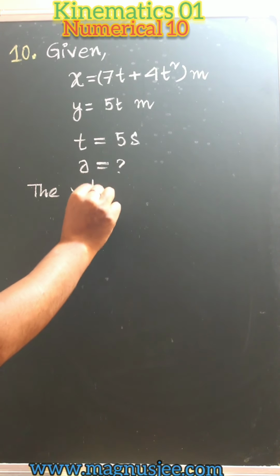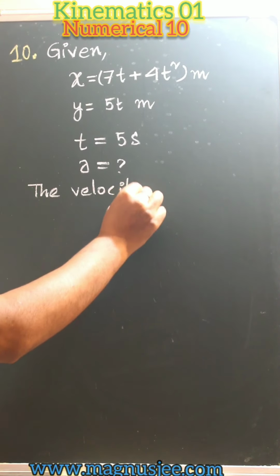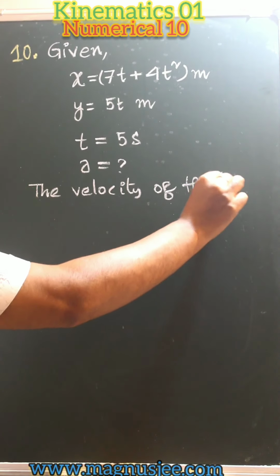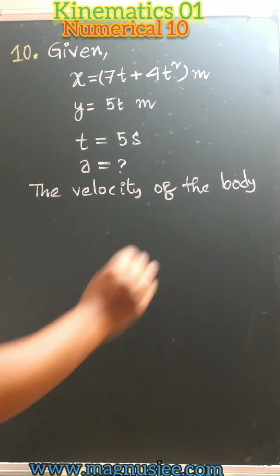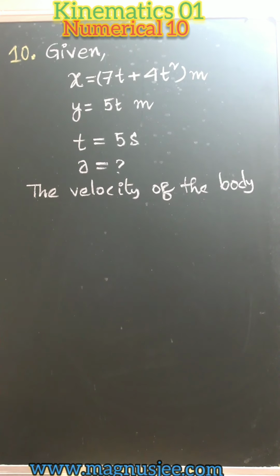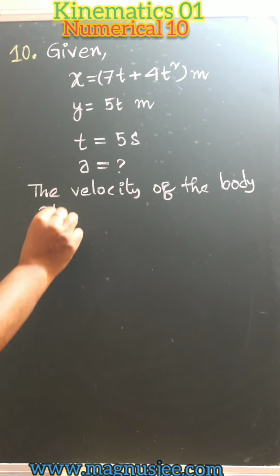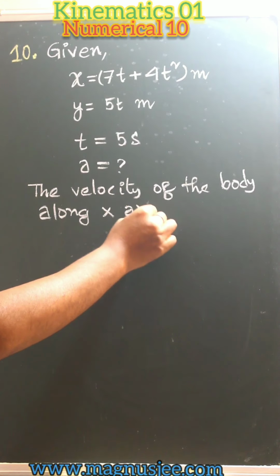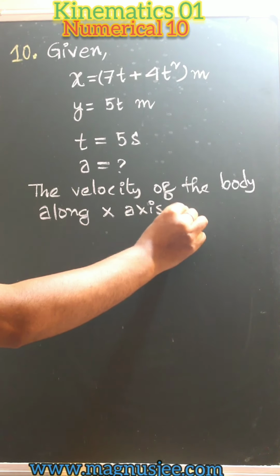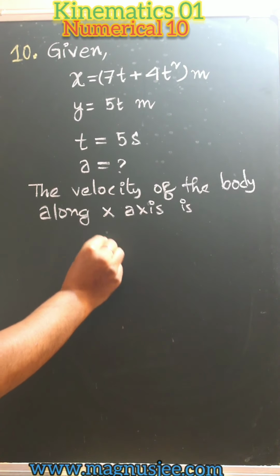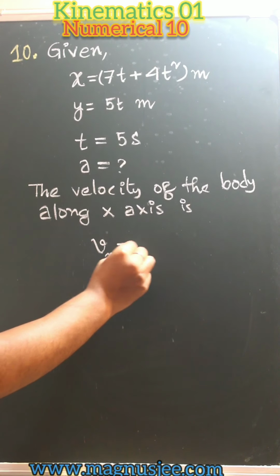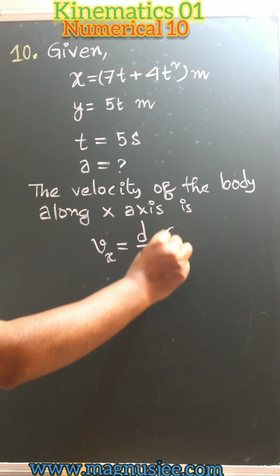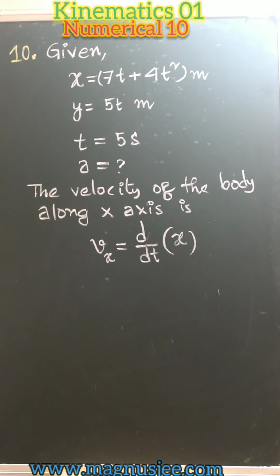The instantaneous velocity of the body along x-axis, not the acceleration, the velocity, is given by Vx equal d by dt of x.